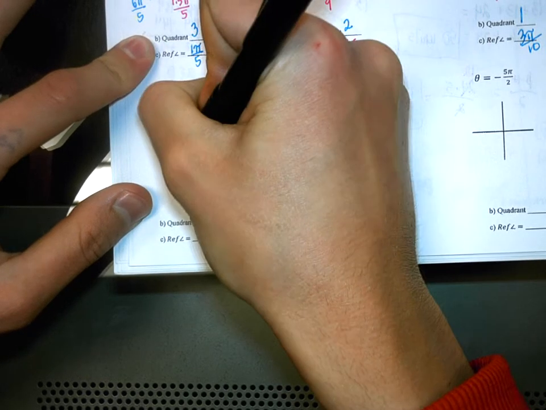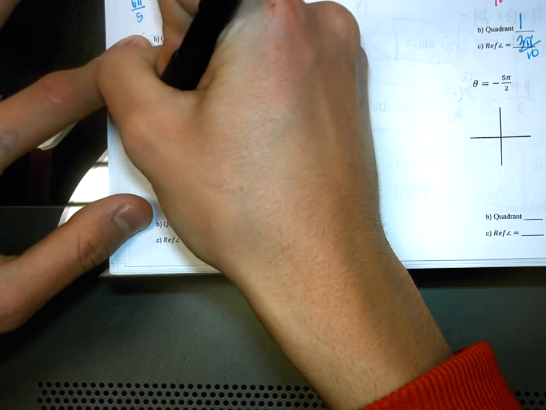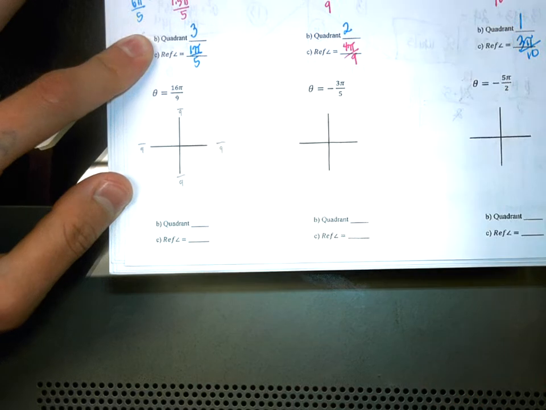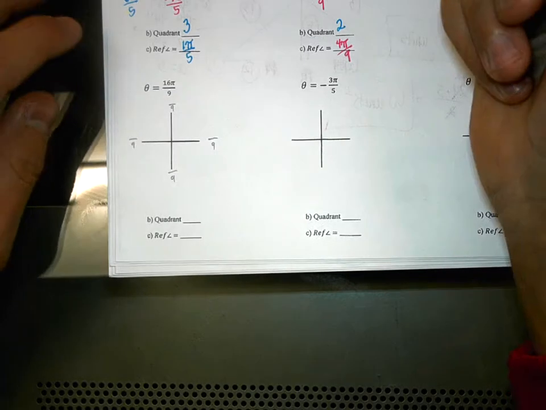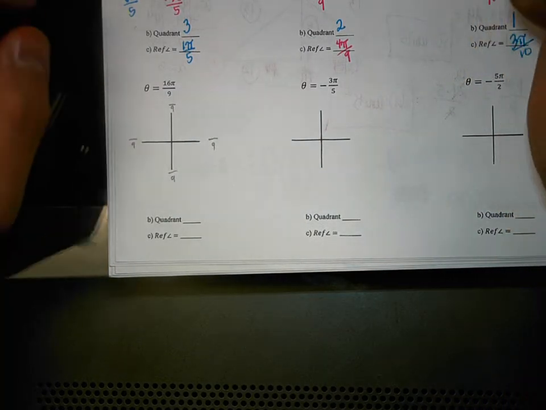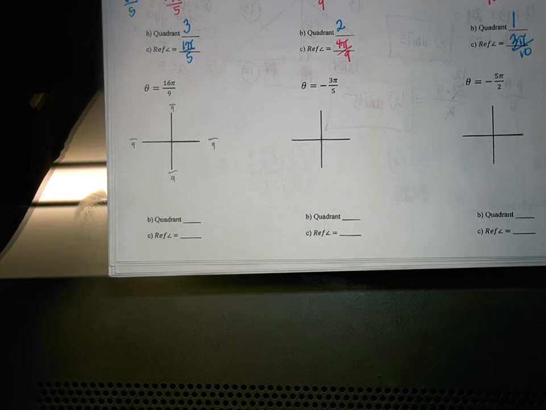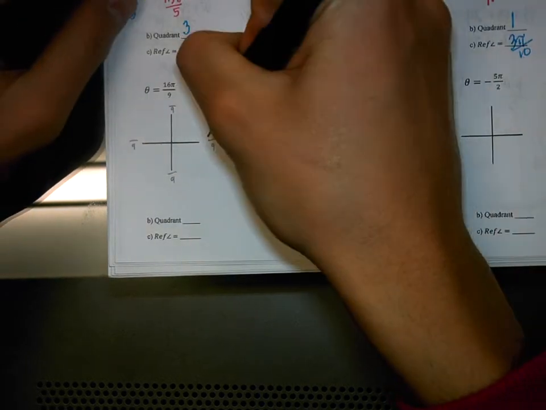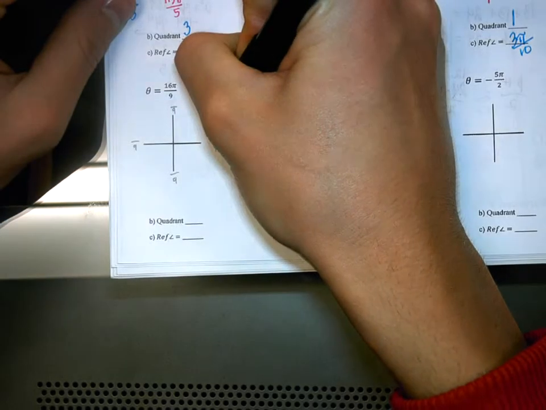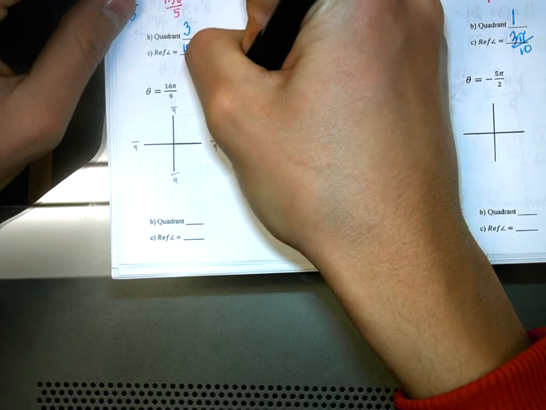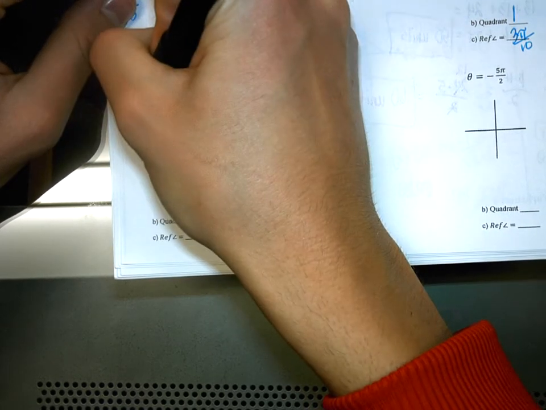There's 2 reference angles. Okay, Tigran's going to go through this. So notice that he started with the denominator of 9, based on the angle they gave us. So now he's going to fill in the rest. 9 times 2 is 18, so 18 pi.